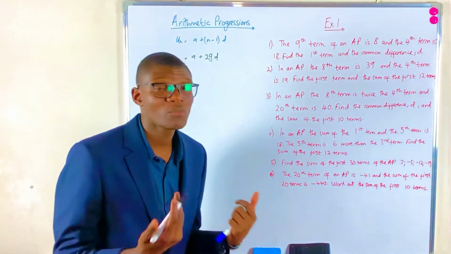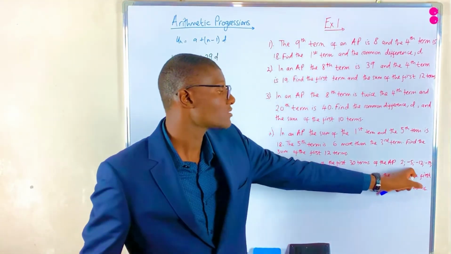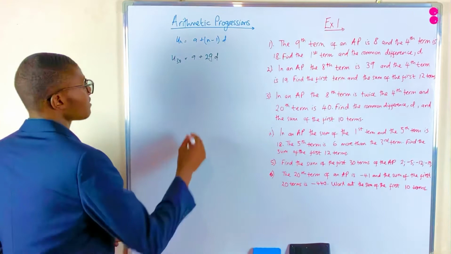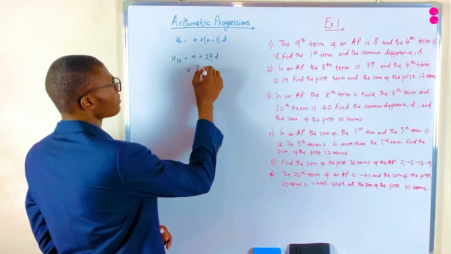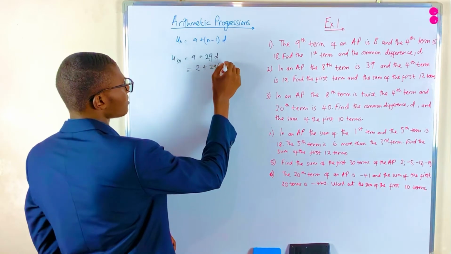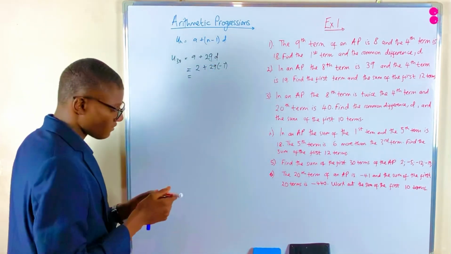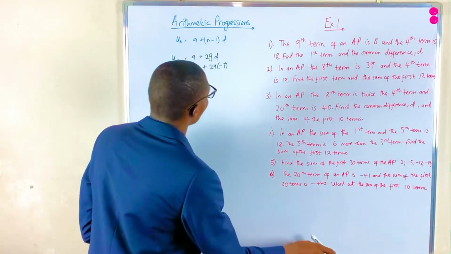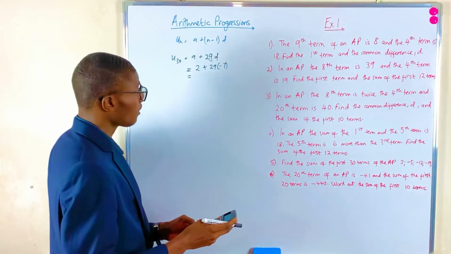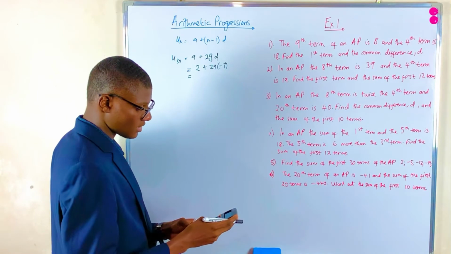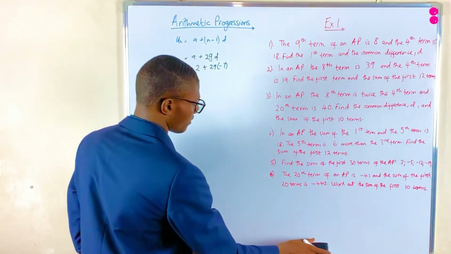But what is the common difference? Common difference will be minus 5 minus 2, which is minus 7. And the first term, a, being 2. So 2 plus 29 times minus 7. This should give us the last term, which would be 29 times minus 7, and then plus 2, that is equal to minus 201.